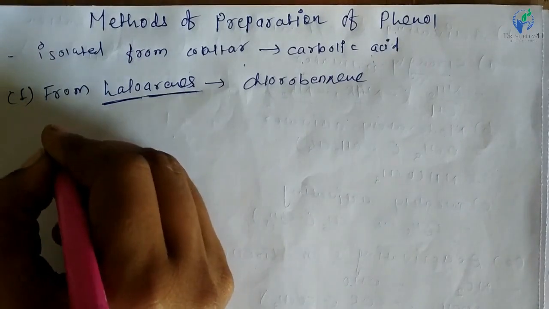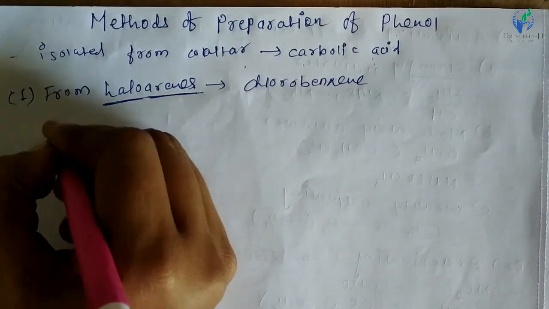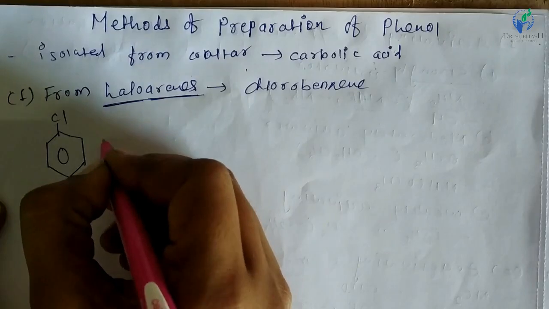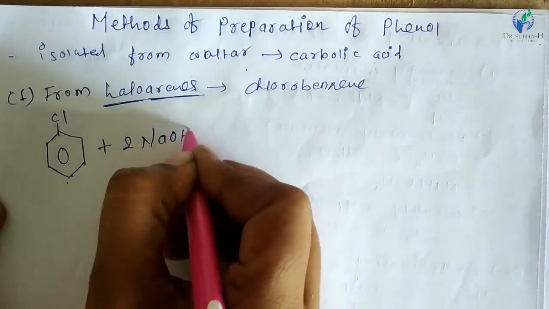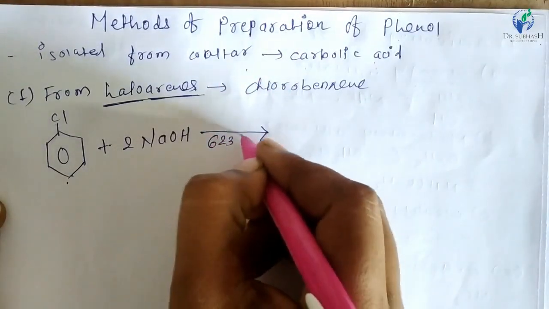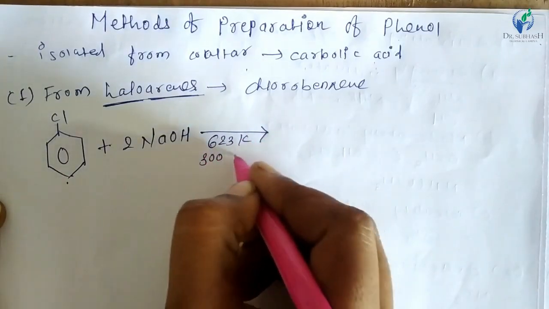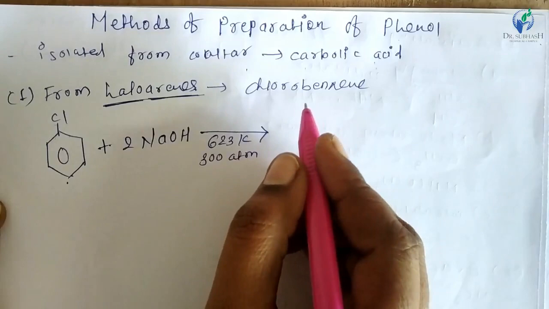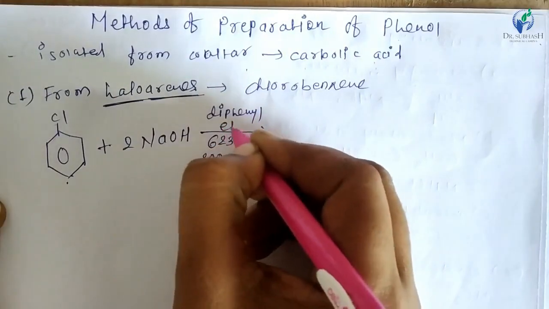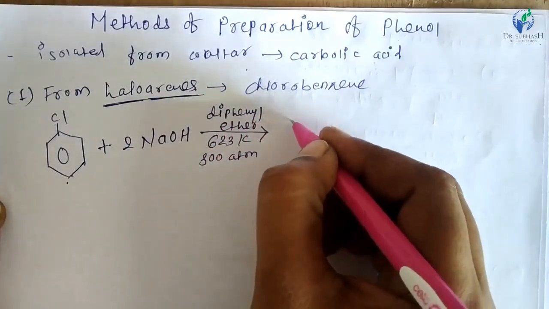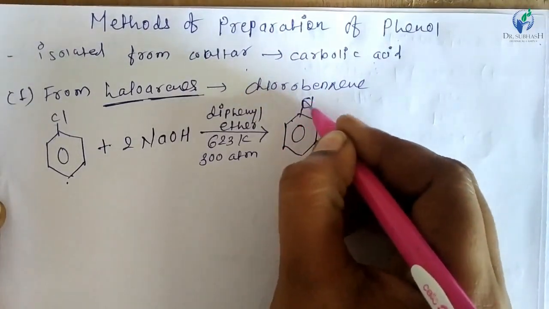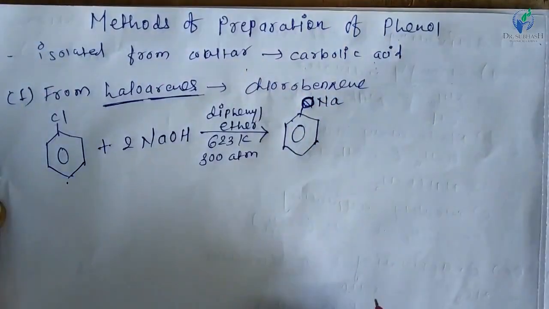Now when this chlorobenzene is heated with sodium hydroxide at 623 Kelvin temperature and under 300 atmospheric pressure in presence of diphenyl ether, it will produce the salt of phenol, the sodium salt of phenol, that is sodium phenoxide.